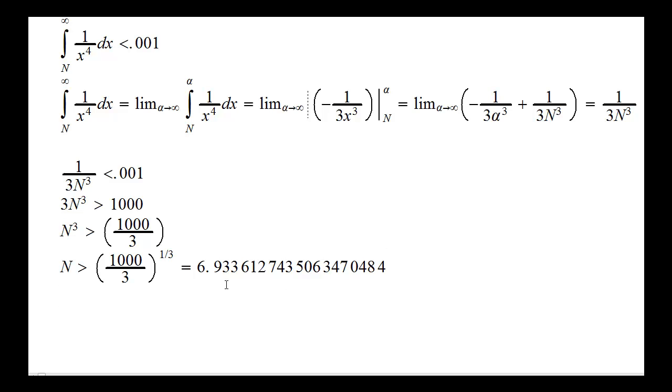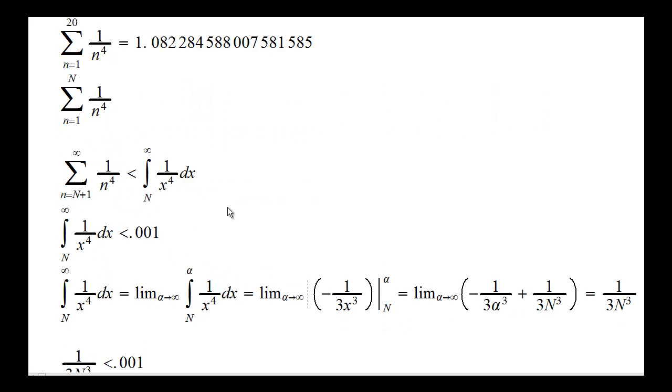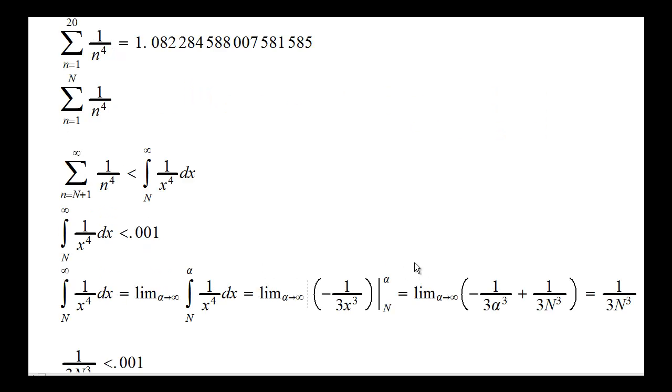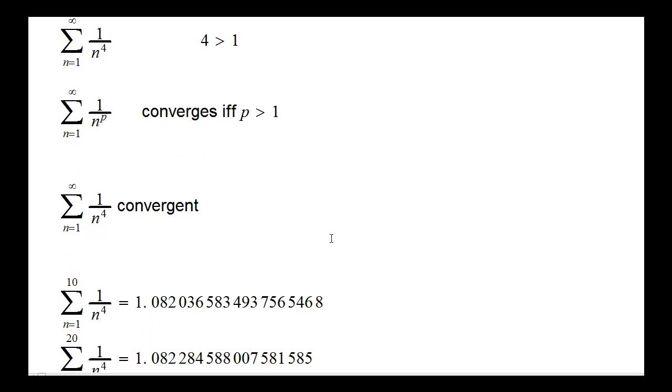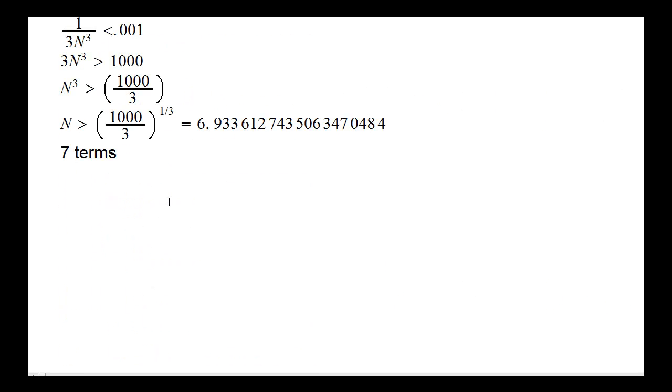But if not, then we can look at a table of values, and we saw before, when we were going from 10 to 20, that we had seen a good approximation. So you can say that just adding 7 terms will suffice to get that level of accuracy. Let's look at how we get this by adding only 7 terms.